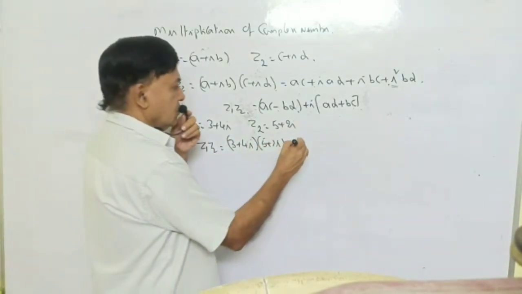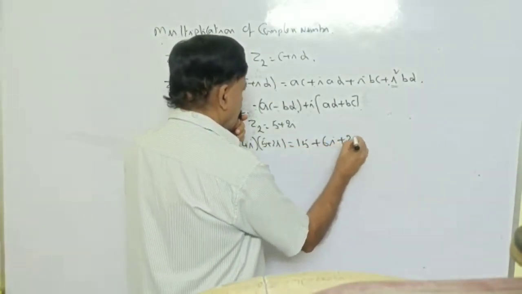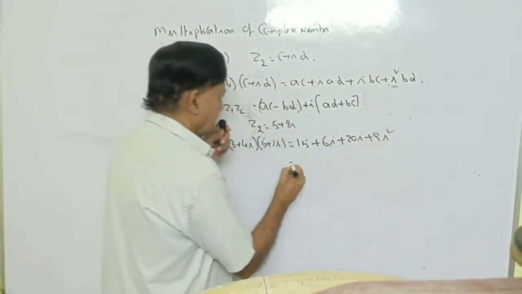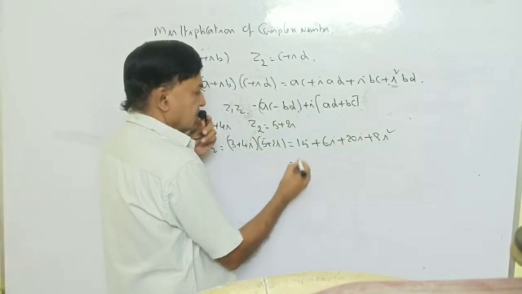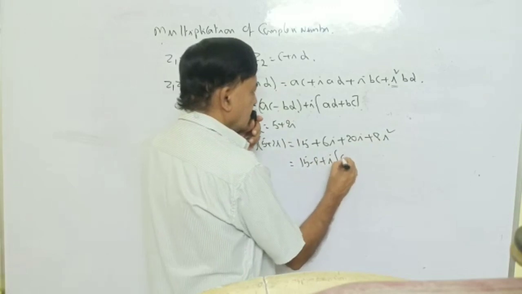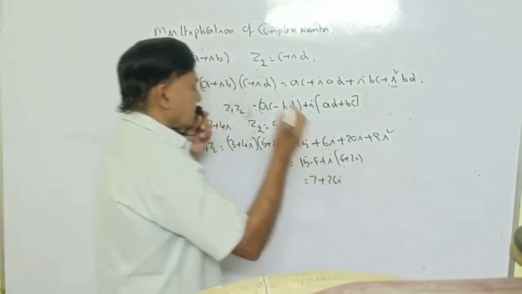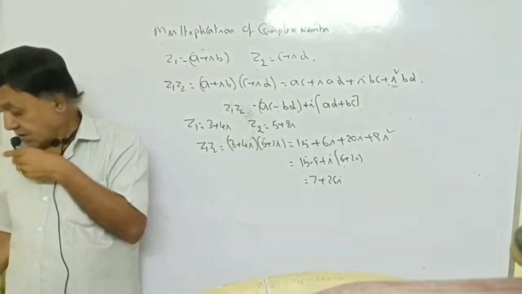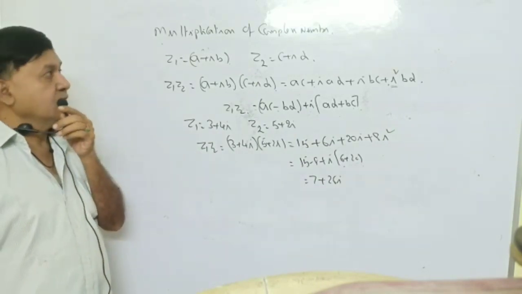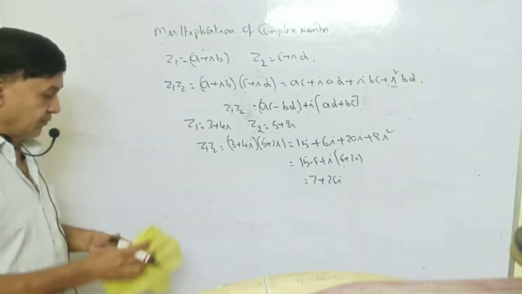This is equal to 15 plus 6i plus 20i plus 8i square. i square is minus 1, so 15 minus 8, plus i into (6 plus 20), which is 7 plus 26i. So two complex numbers can be multiplied like this. This is the procedure.